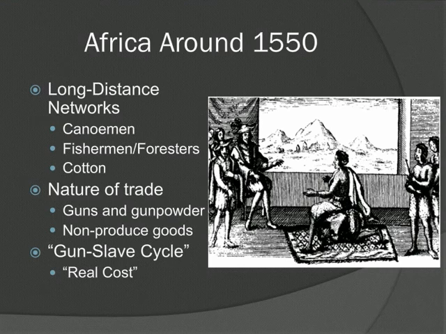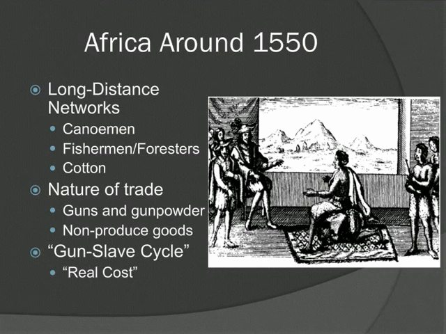That is what people call the gun slave cycle, the idea that the Europeans traded with states and other groups, other tribes. They traded guns for slaves.